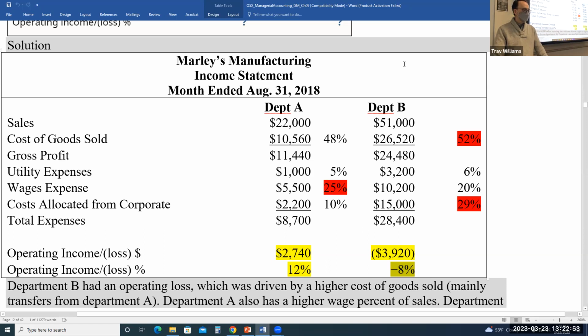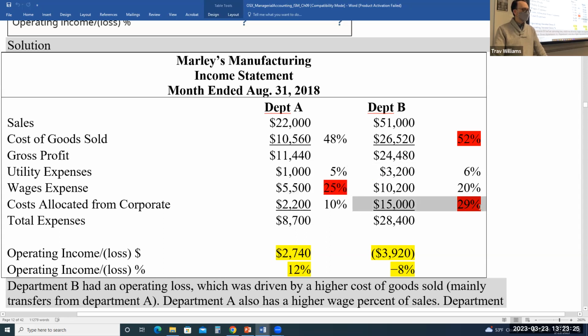So obviously, that's not great for Department B, right? You don't want to be losing money. If you remember, everything Department A sells, it sells to Department B. So this $22,000 of sales is a big part of Department B's costs. And we looked at why the cost is so much for what they buy from Department A. And we saw, well, high wages could be part of it.